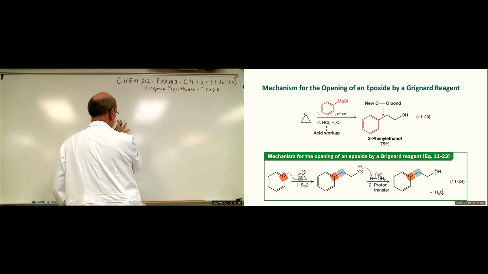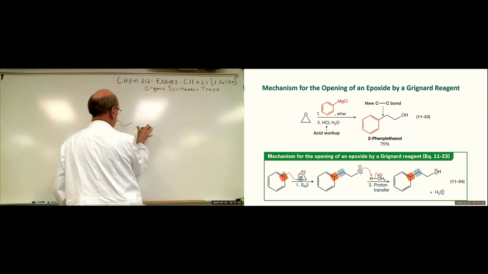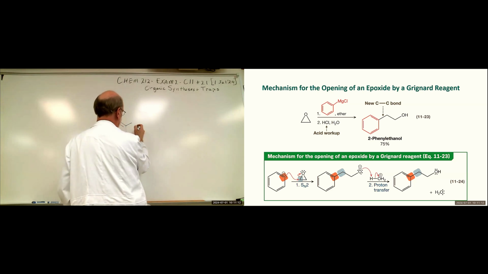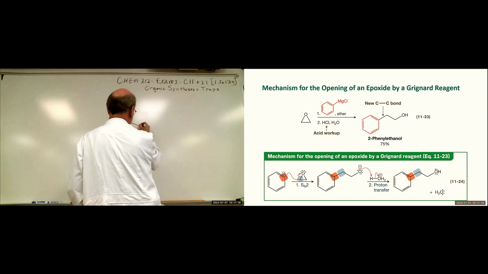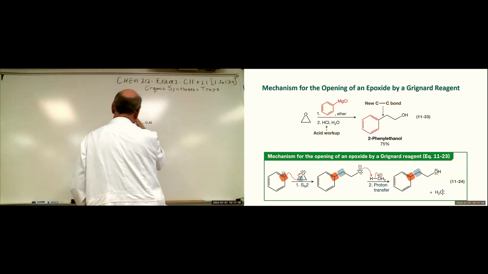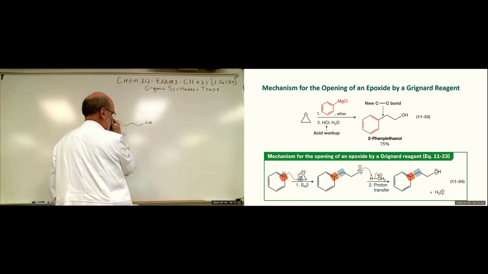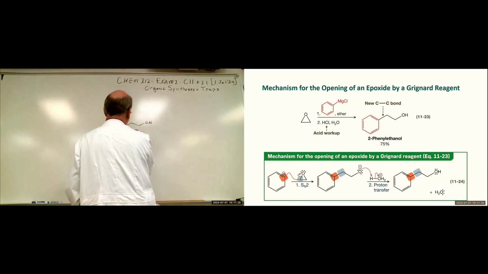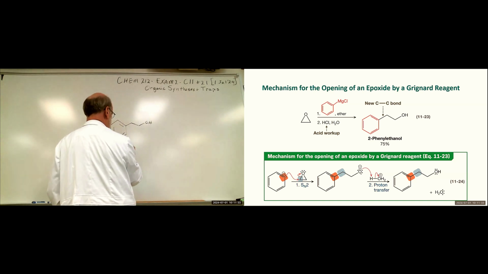This would be a phenol group attached to something. This would be a benzyl group attached to something. So if it's attached to another carbon and then a hydroxyl, then the benzyl would be this part. But if you went phenol, then you could say this is the side group.